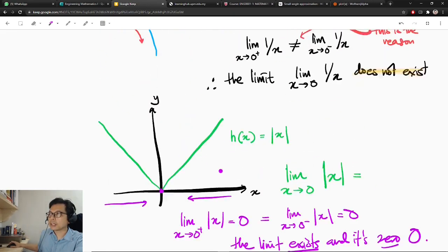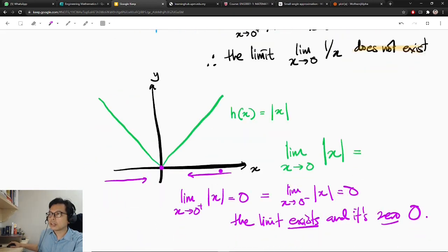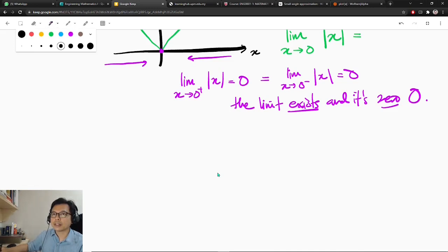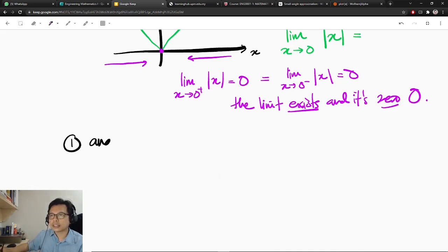Okay. So those are some examples of limits. There are many ways of investigating limits, as we know before. Let's just recap a bit. One, what we can do is analyze the function.